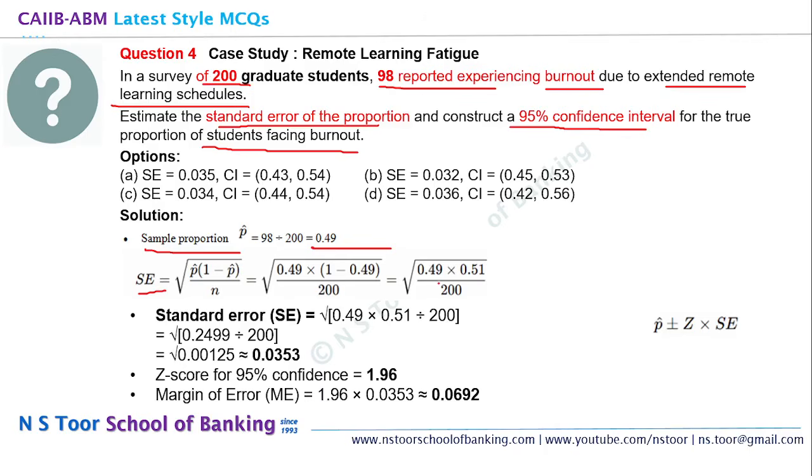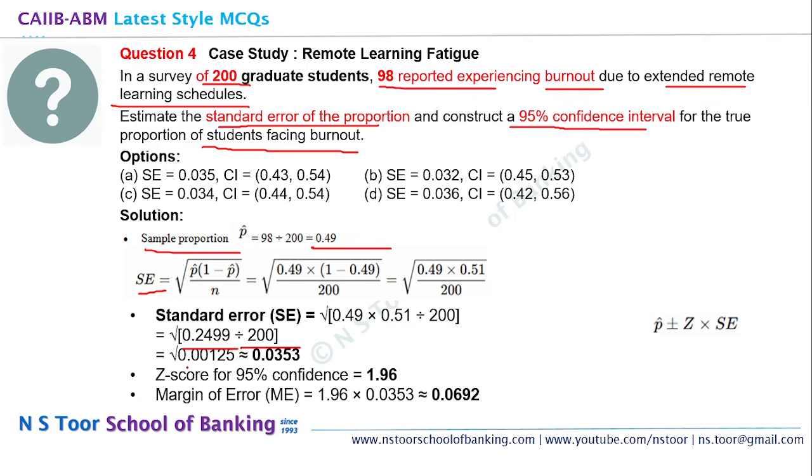So 0.49 into 0.51 divided by 200, and you have to take the square root of this. So square root of 0.49 into 0.51 divided by 200 will be the standard error. So what will be the standard error? 0.49 into 0.51 is equal to 0.2499 divided by 200.